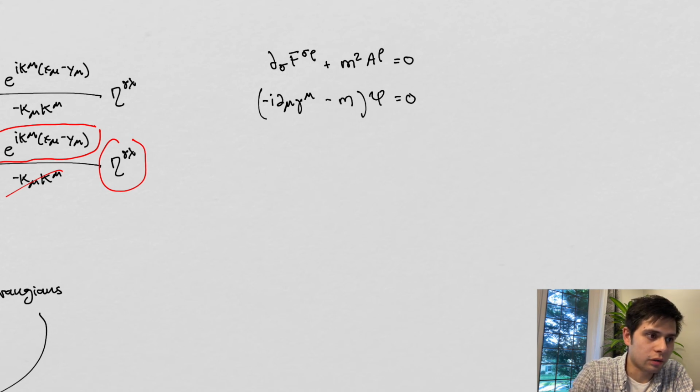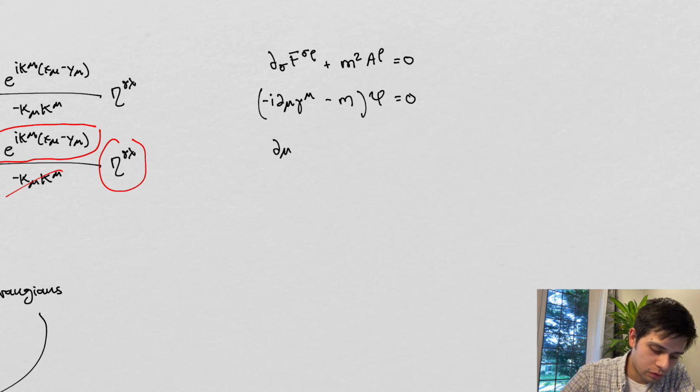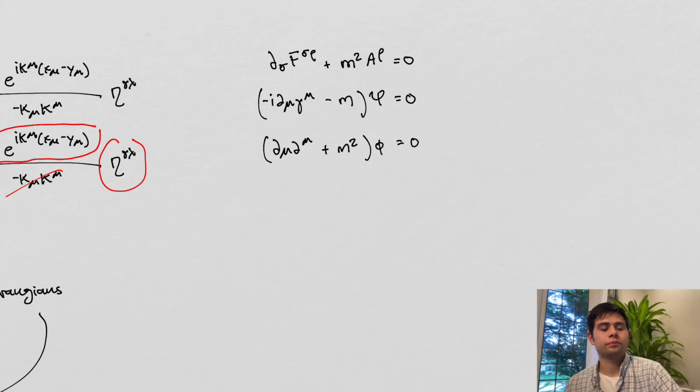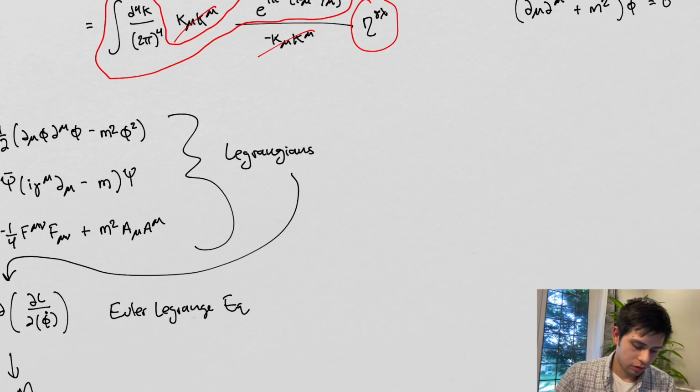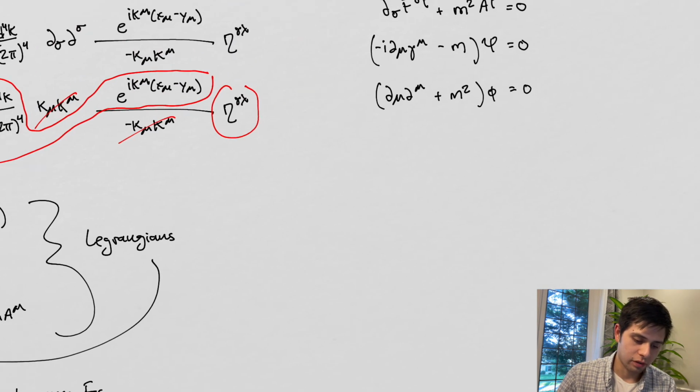And then our Klein-Gordon equation looked like the following here: d mu d mu plus m squared equals 0. Okay. So our Euler-Lagrange equation gave birth to our equations of motion.